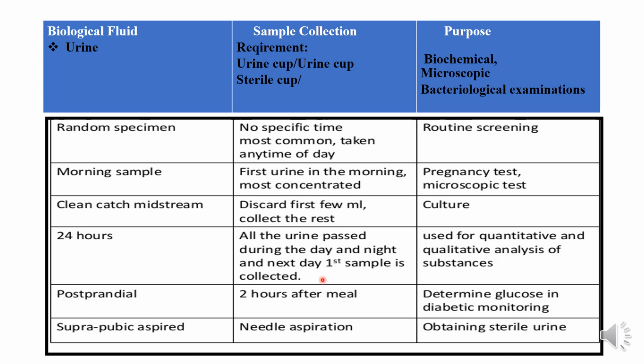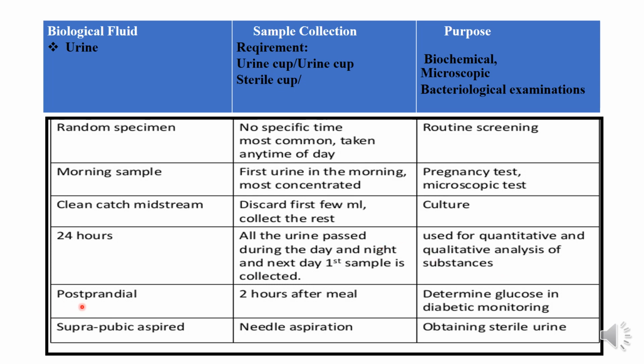The container must have a preservative so that no bacterial growth takes place during the collection time. Such a 24-hour sample is generally used for quantitative and qualitative analysis of various substances present in the urine. This is generally done to assess the renal functions.